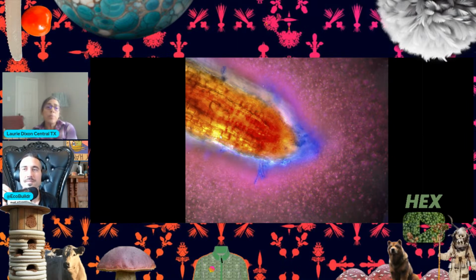This picture is so beautiful to me because this is the root tip. This is the rhizosphere. I don't know even what kind of microscopy this is. I think it's a kind of laser microscopy, but to me, that's like light right there. And these are the exudates kind of leaking out of the root.